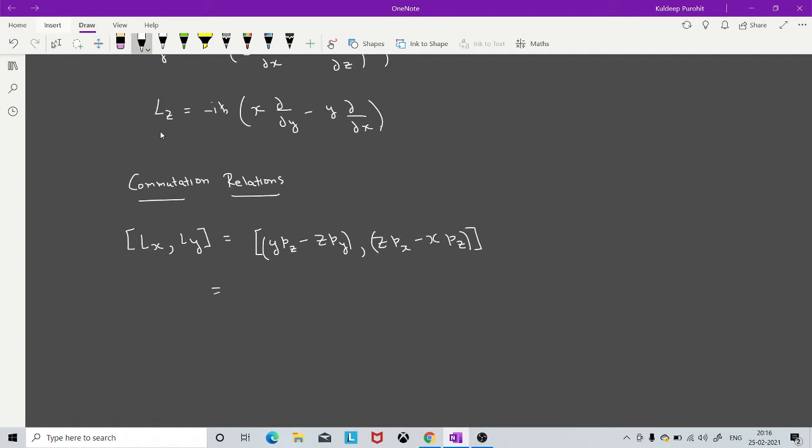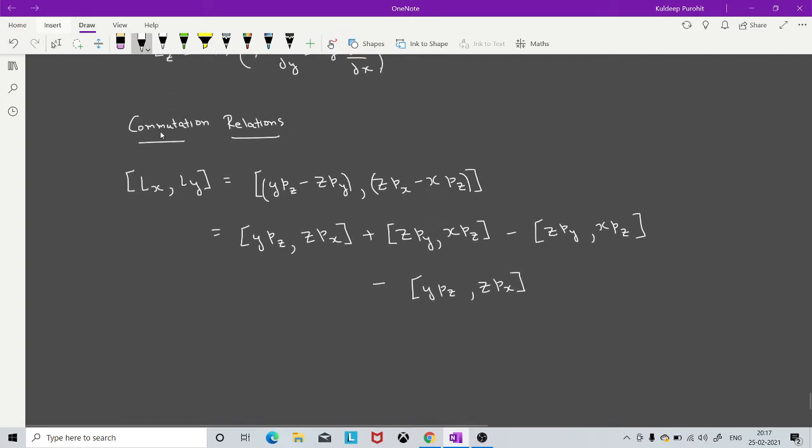I can write this as four separate commutator brackets. The first is y pz, z px, plus z py, x pz, plus z py, z px, and the last one is y pz, x pz.